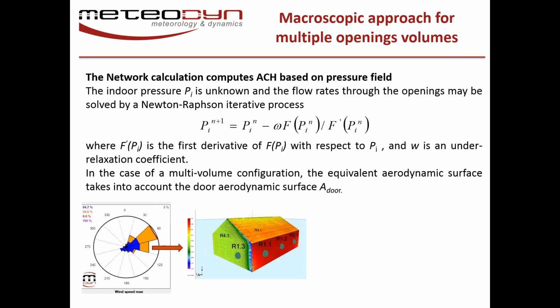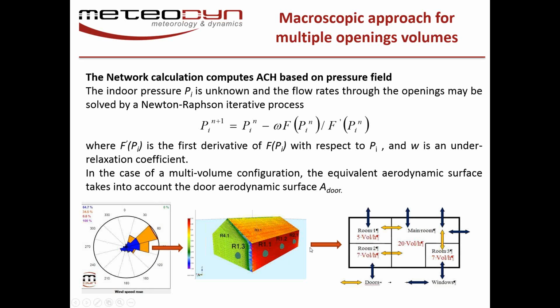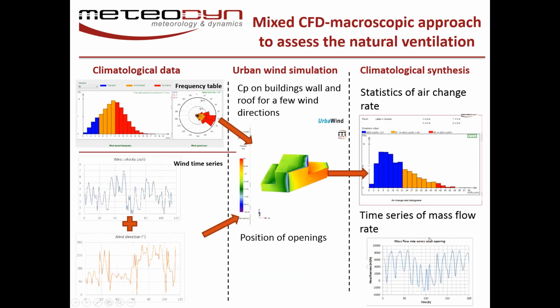Here is an example from the wind rose. You can compute the pressure coefficient, get the internal pressure and get the flow rate through each room. Here is the frequency table, here are the wind time series.